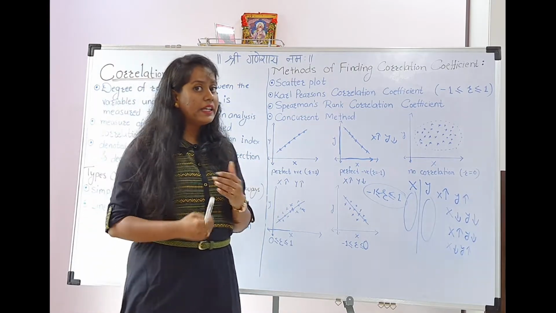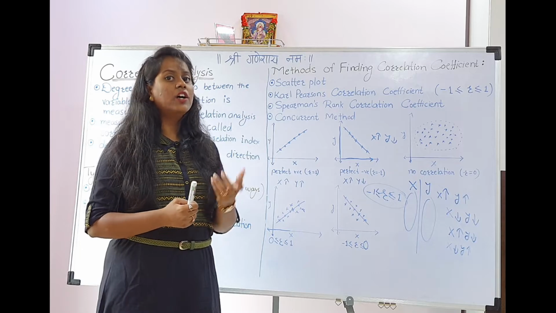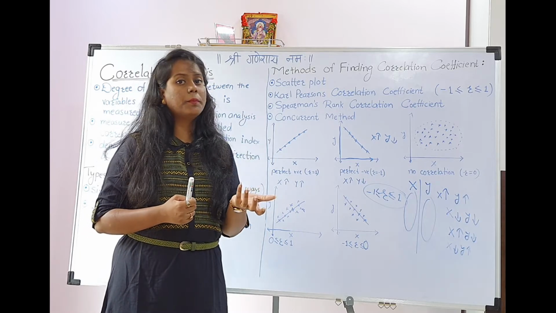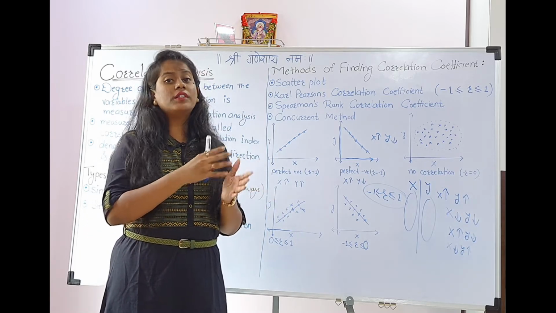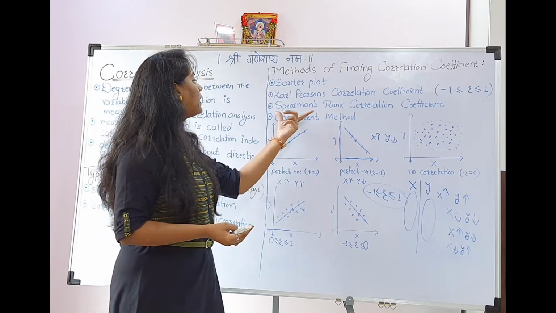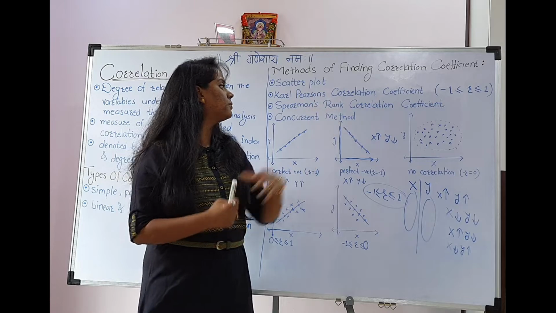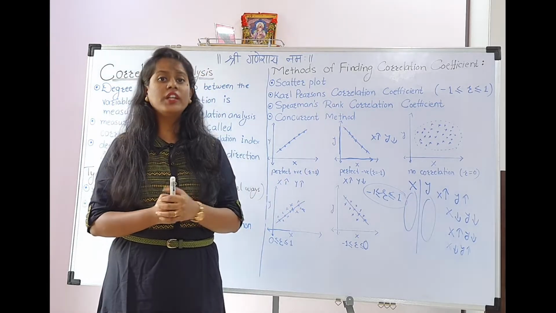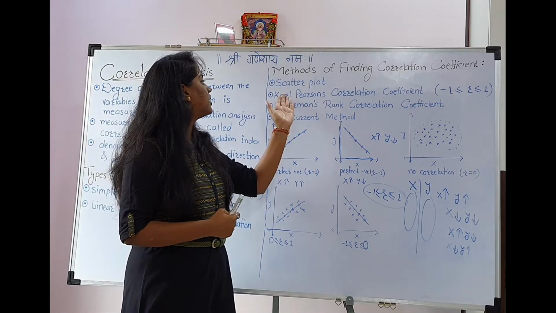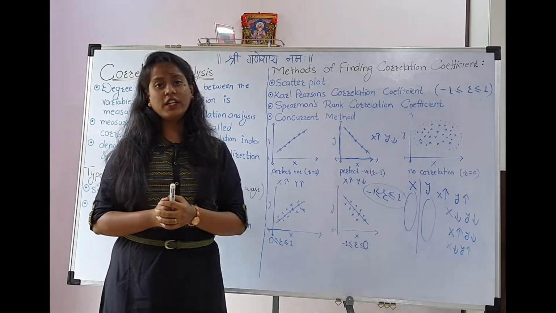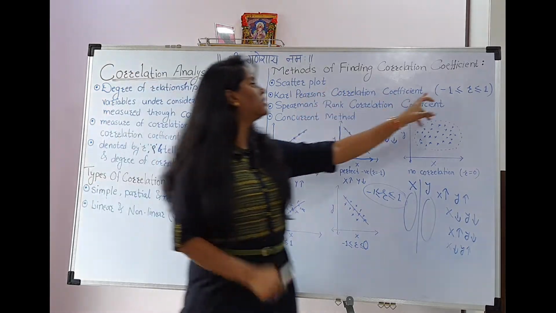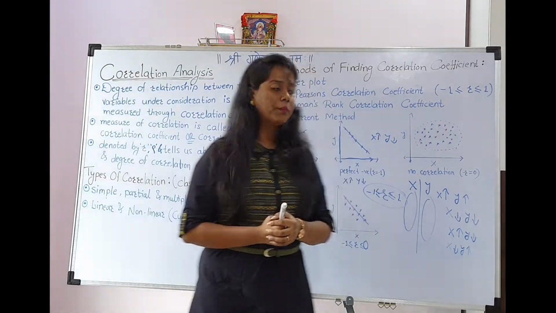If we are dealing with qualitative data, or we don't know about the parent population, that means the data is not normal, then we can take the help of ranking and use Spearman's rank correlation coefficient. Otherwise, the best one is Karl Pearson's correlation coefficient, and its range is always -1 to +1.